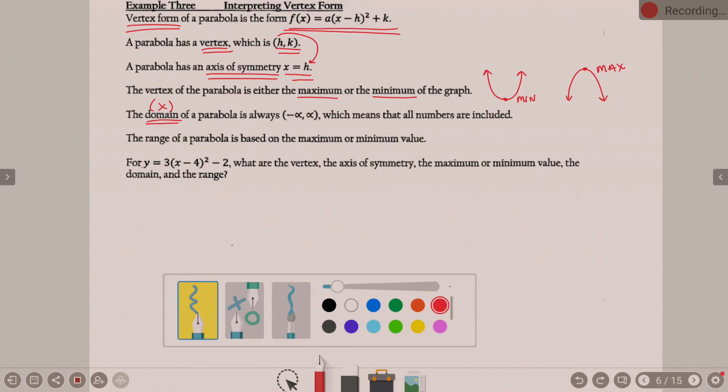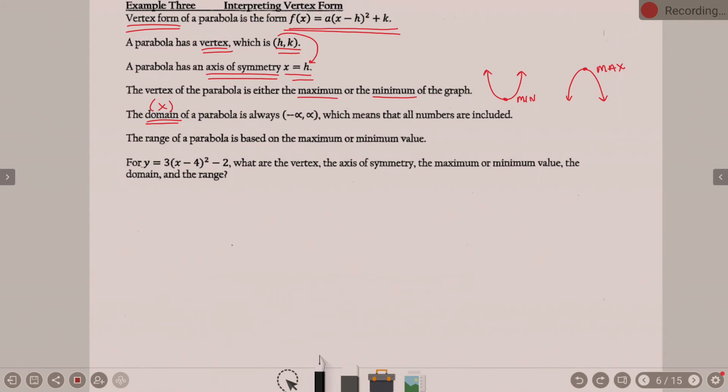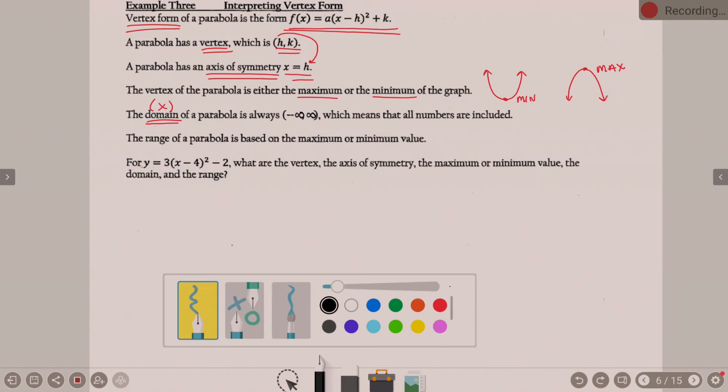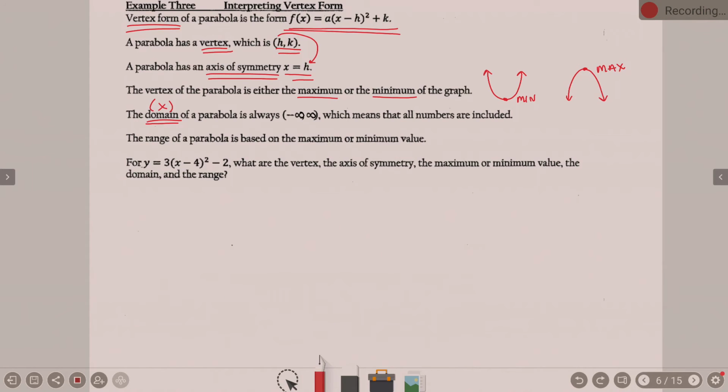And so what that domain is supposed to say, it got chopped off, is negative infinity to positive infinity, which means all real numbers. Anytime you're asked about the domain of a parabola in Algebra 2, the domain is always going to be negative infinity to positive infinity, which means all numbers. Usually you hear us say all real numbers, because we haven't talked about imaginary numbers yet.